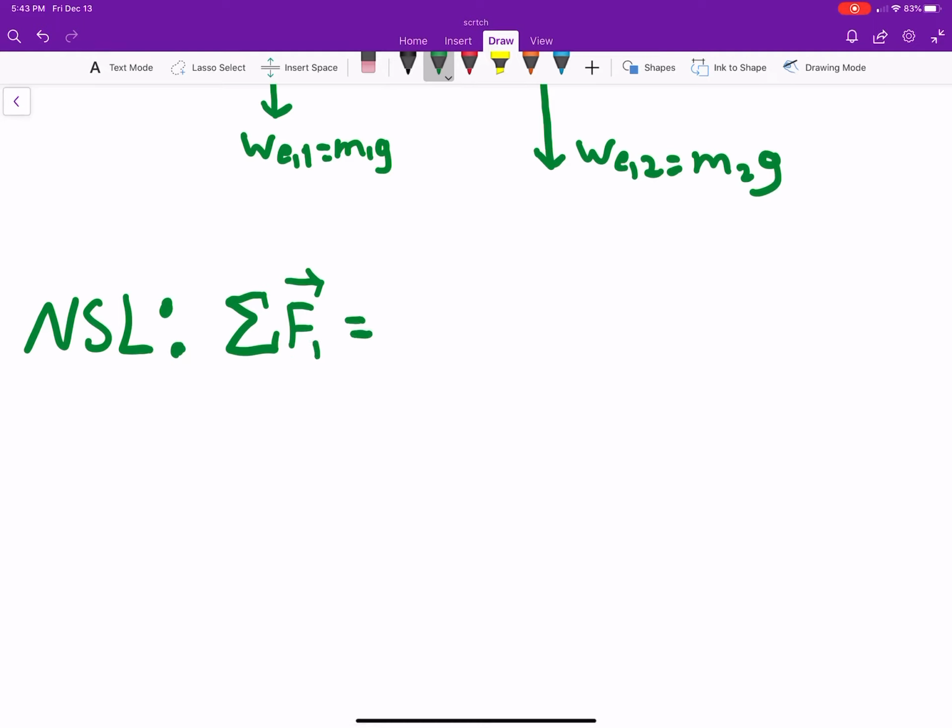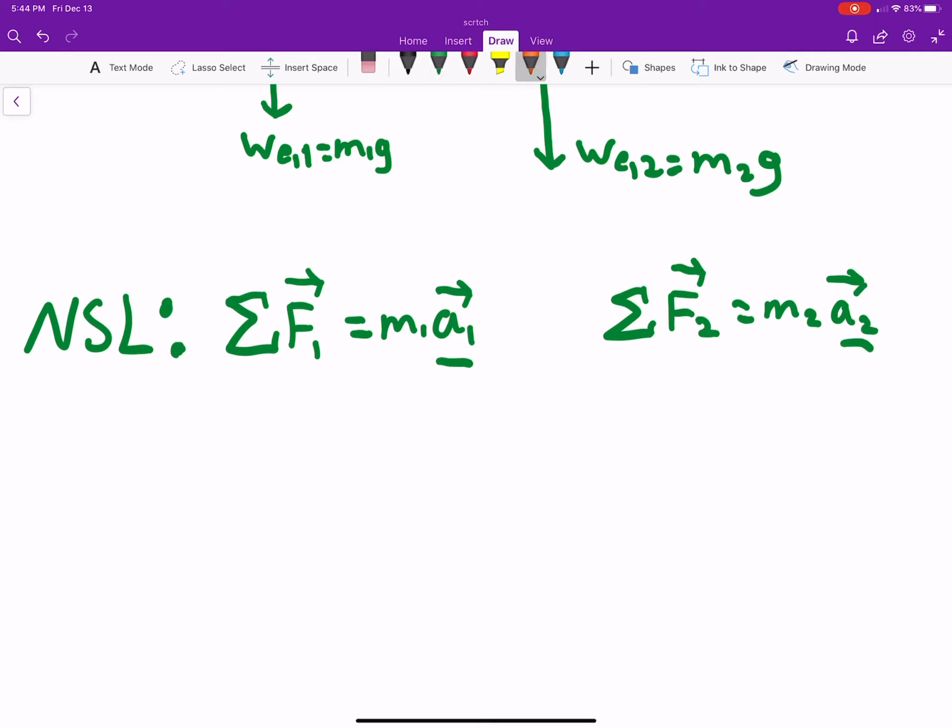The force on 1 is equal to mass 1 times the acceleration of 1. And likewise, I could do the exact same thing for the second block. And I'm going to use this to tell you guys something. Acceleration 1 and acceleration 2 are going to be equal to each other.